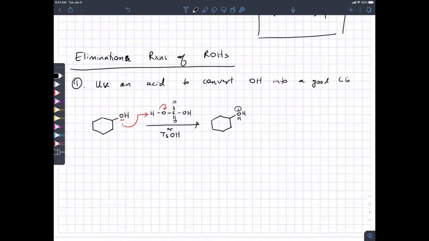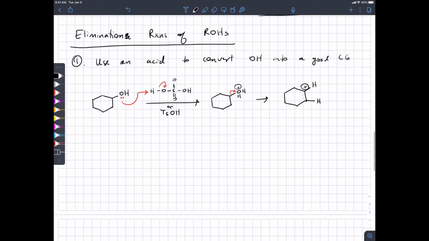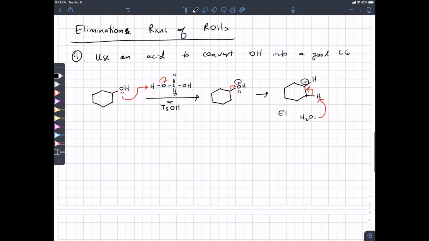The second step is that water leaves to give you a carbocation. And then the third and final step is that the water that left comes back and removes this proton in an E1 style fashion to give you the alkene.